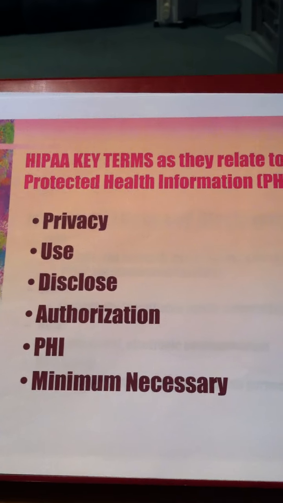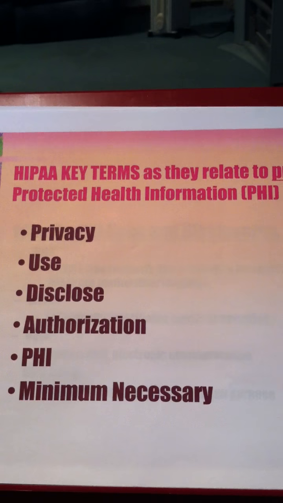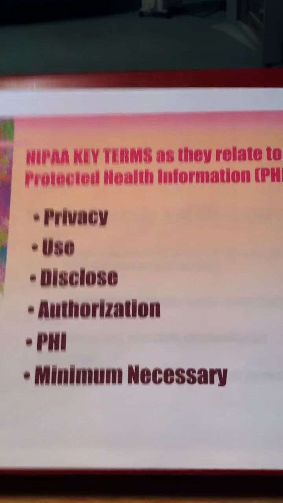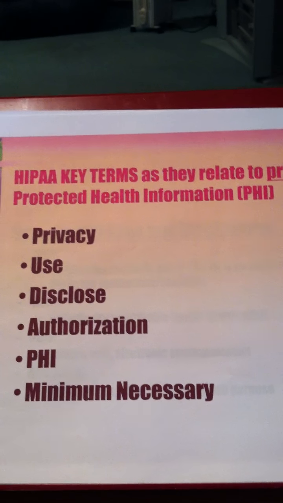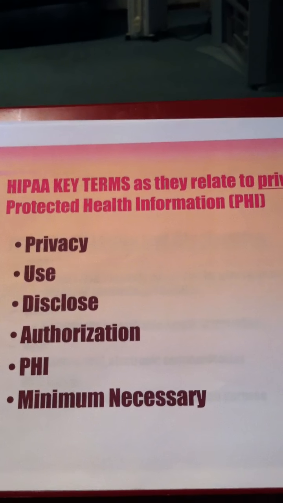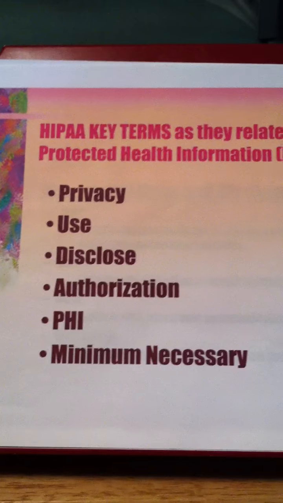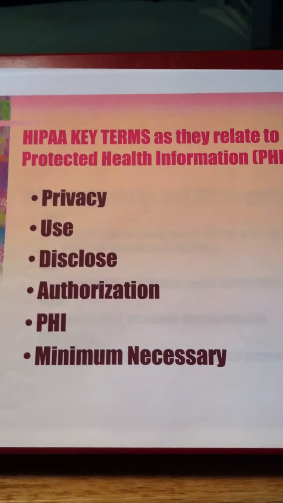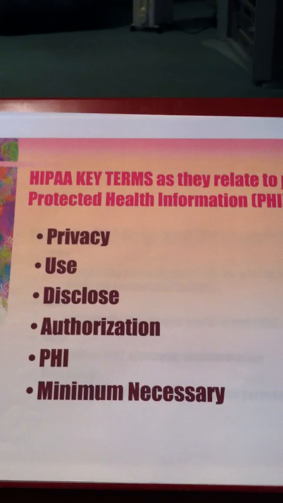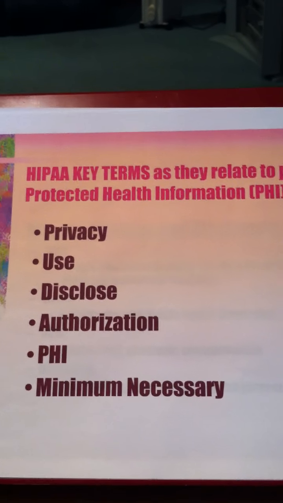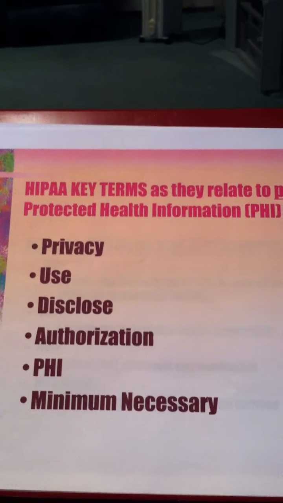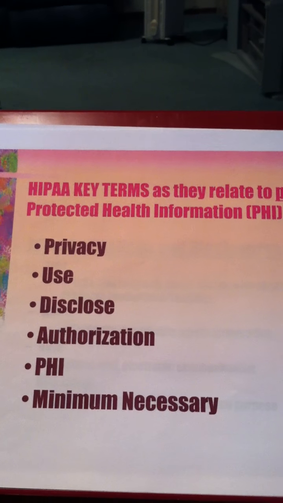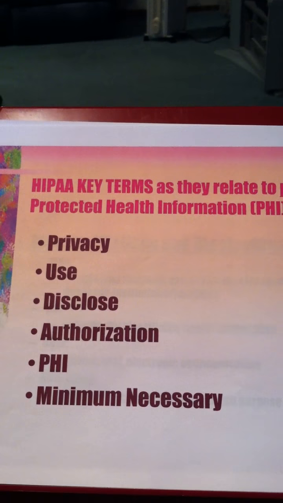In simpler terms, that means when you are on the phone or talking to someone in person about the release of medical information, whether it's theirs or whether it's a doctor's office requesting information about a patient, you only give them what they need, the minimum necessary to accomplish the purpose of the use and disclosure of their request.